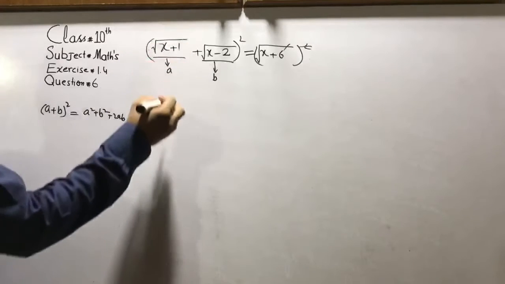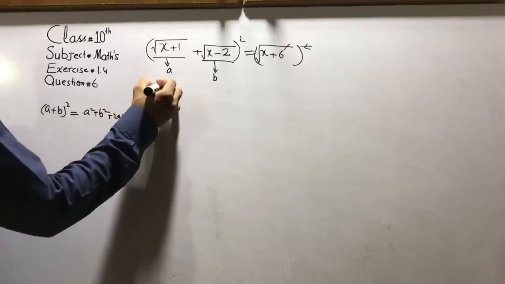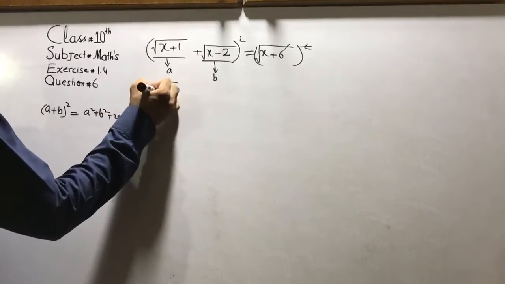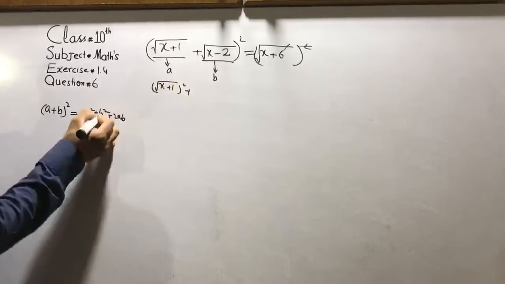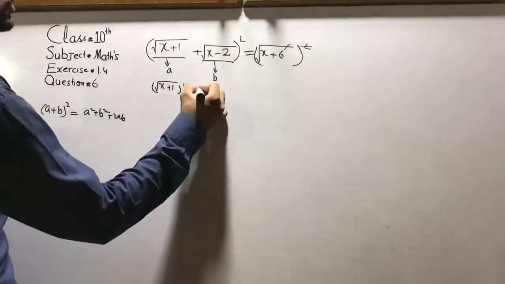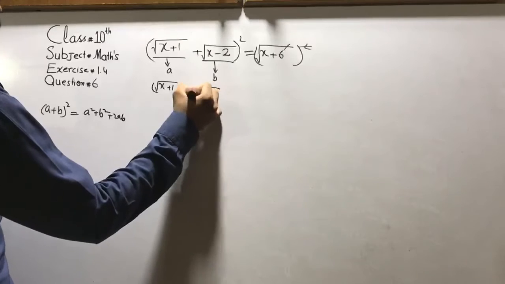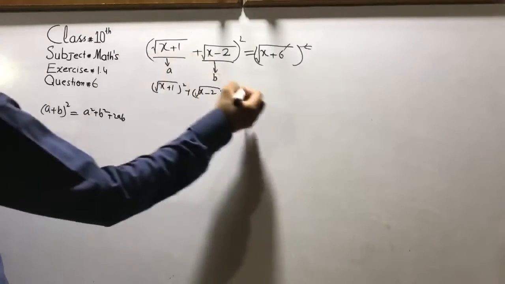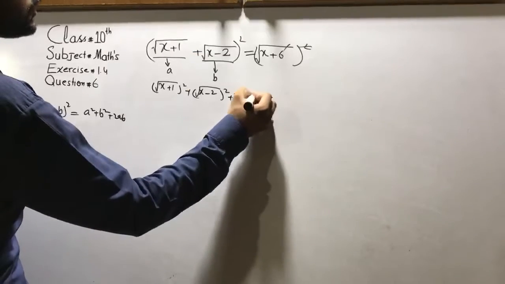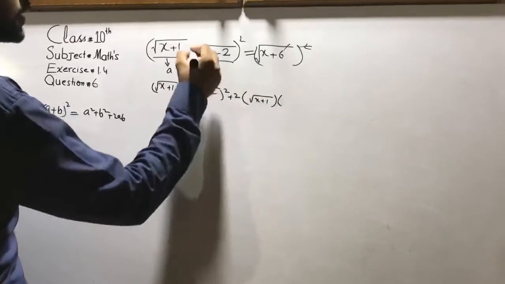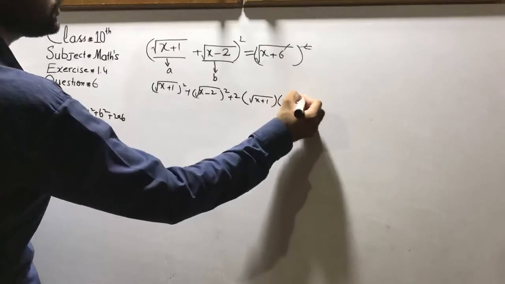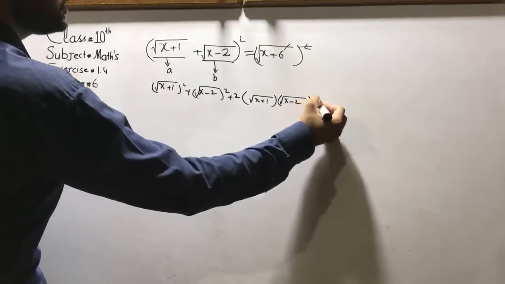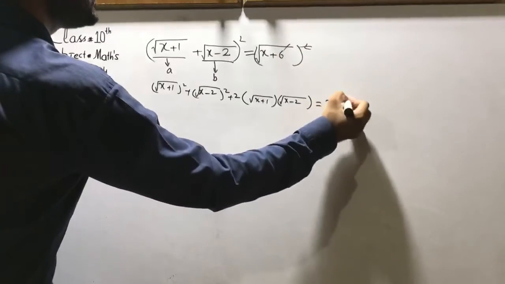Here a is root of x plus 1, so first we write a square, then b square, that is x minus 2, and then 2a, which is root of x plus 1, and b is root of x minus 2, and here we get x plus 6.